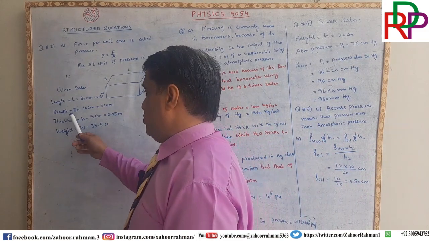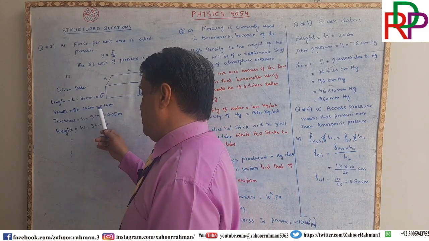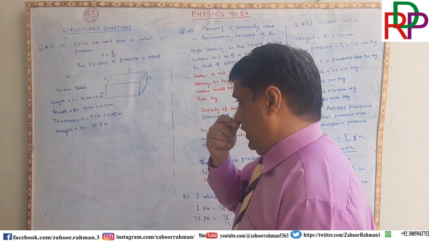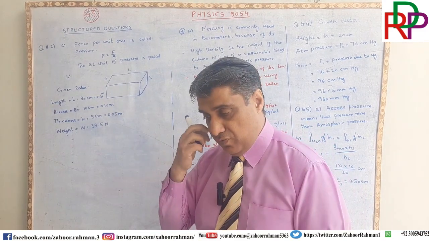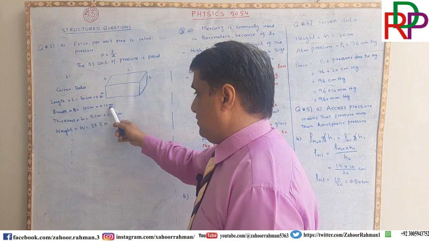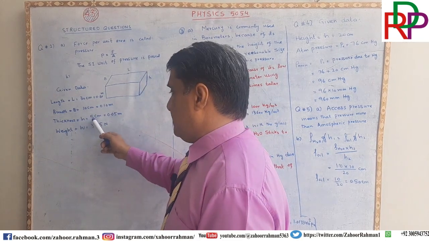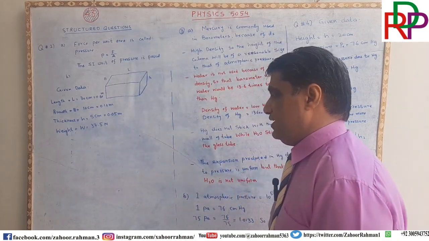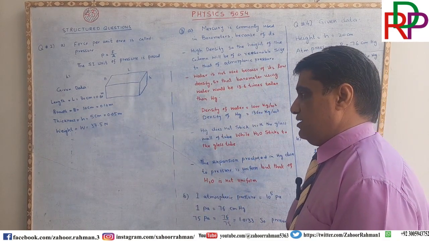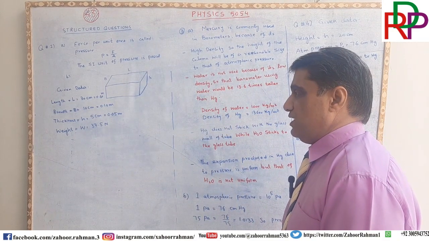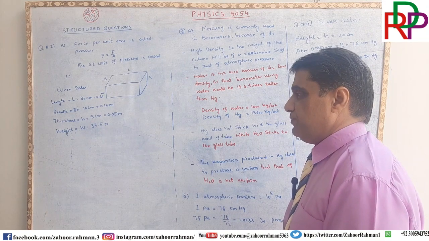Breadth is given to you 10 centimeters, so we have converted it and it is 0.10 meter. Now the thickness, or that height, is 5 centimeter. When we divide this 5 centimeter by 100, we will get 0.05 meter.